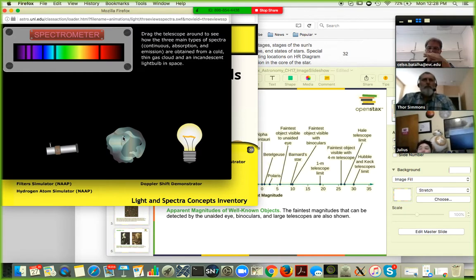In fact, the region where most of the radiation comes out is 400 kilometers, which is 300 miles. 300 miles, it's very thin. That's the region where radiation escapes. It is a cool region that overlies the hot interior part.